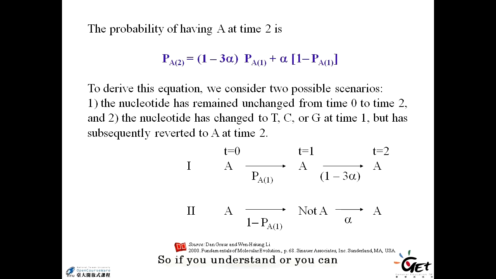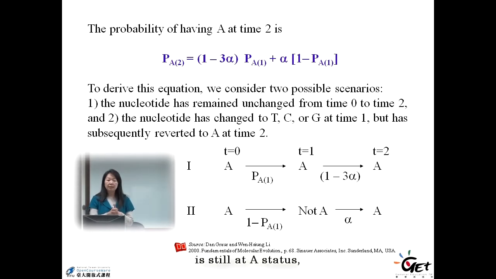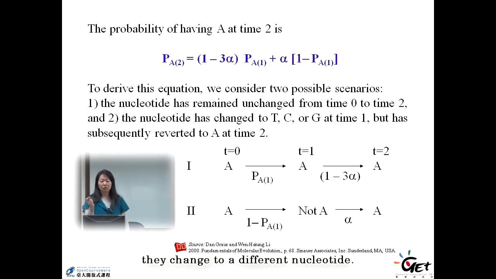If you understand this, you can divide the two possibilities and calculate the probability for a given nucleotide site to stay with A at t equals 2. That's the formula showing at the top of the slide in blue. At t equals 2, the probability that this nucleotide is still A is equal to the first path, where it always stays the same, or the second path, where it changes to a different nucleotide.